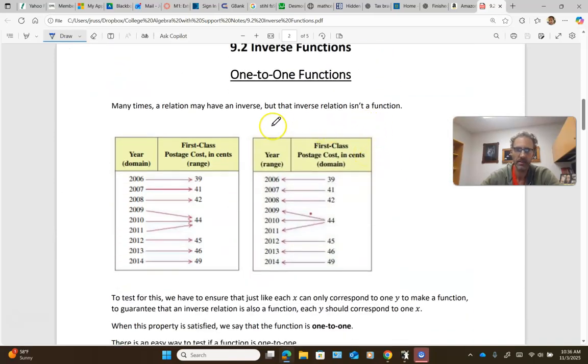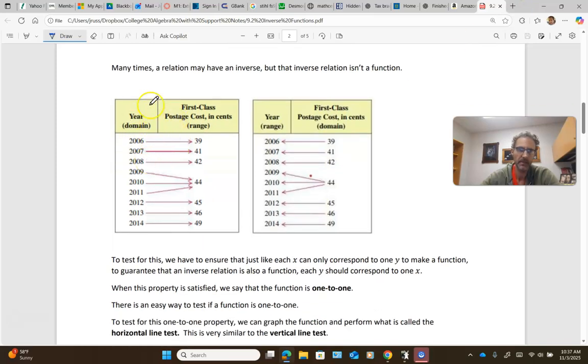So let's look at this example right here. Many times a relation may have an inverse, but that inverse won't actually be a function. So let's look at this function. We can call it f. What does this function do?